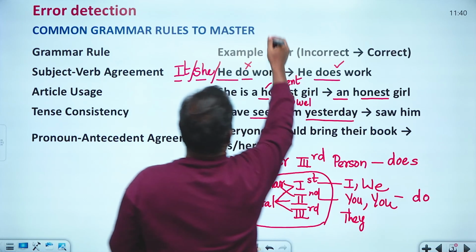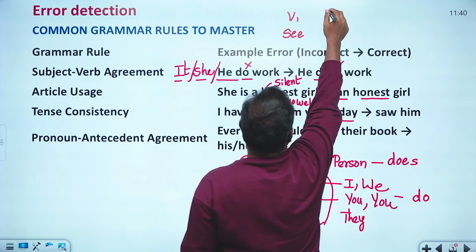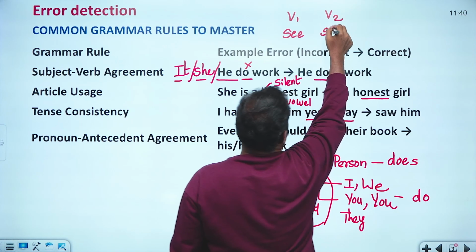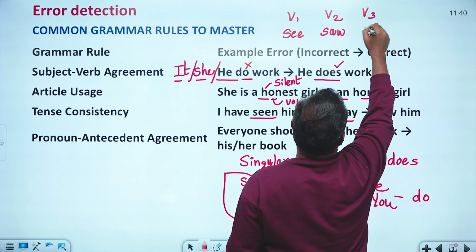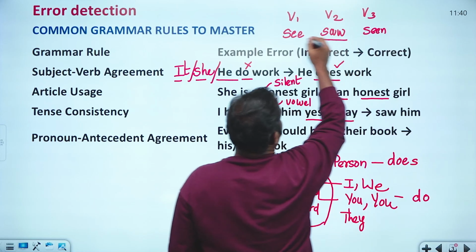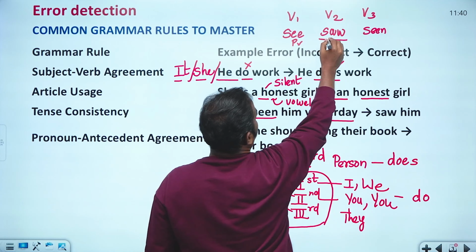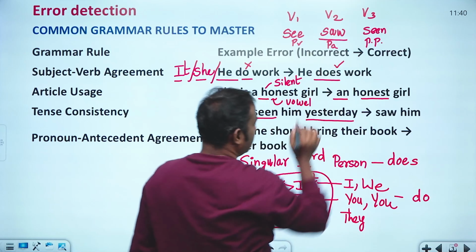V1 is see, V2 is saw, V3 is the past participle seen.